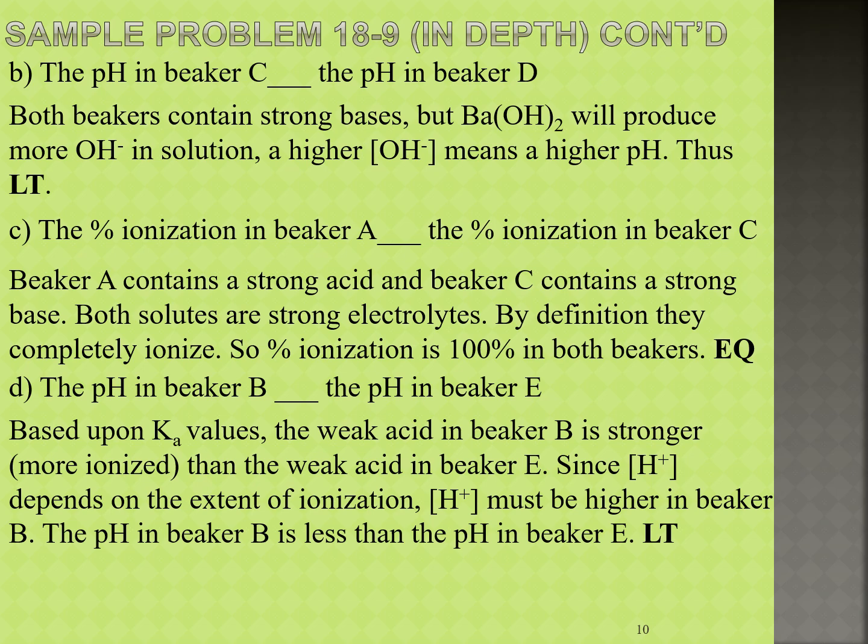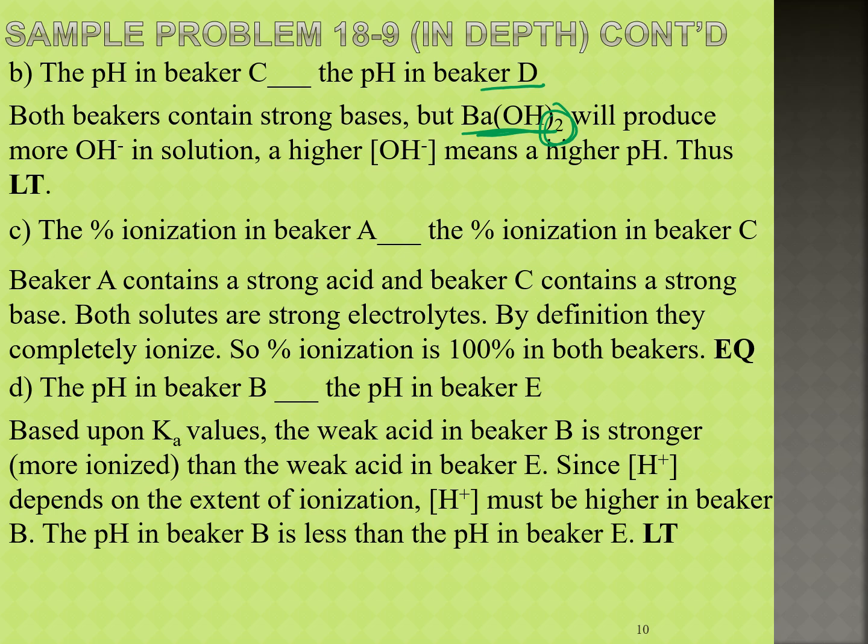B says the pH in beaker C versus the pH in beaker D. Okay, notice that if you were to go back and look at them, both beakers have strong bases, right? But beaker D was barium hydroxide. And the barium hydroxide had 2 hydroxides that are going to be given off.